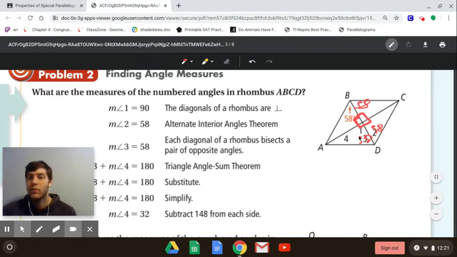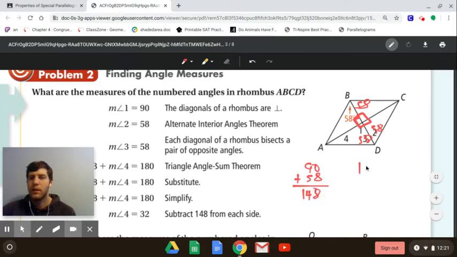And then we have to find angle 4 here. So we have a triangle, and we know the three angles of a triangle add up to 180. So we know that 90 plus 58 is going to give us 148.